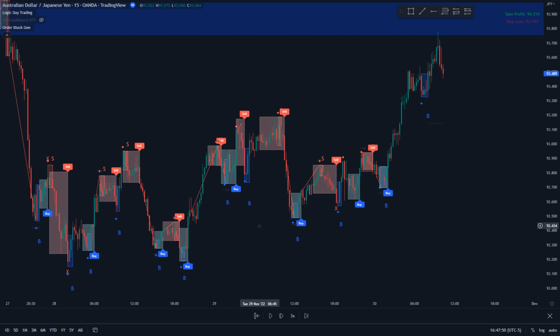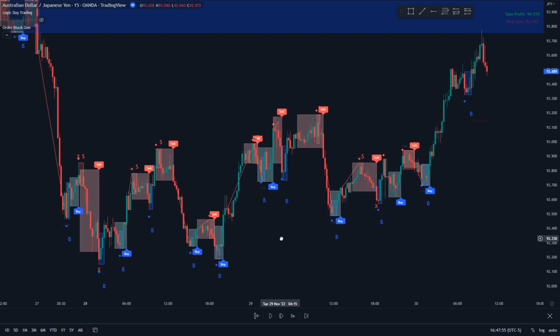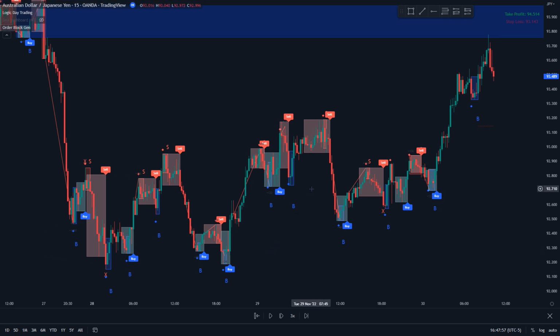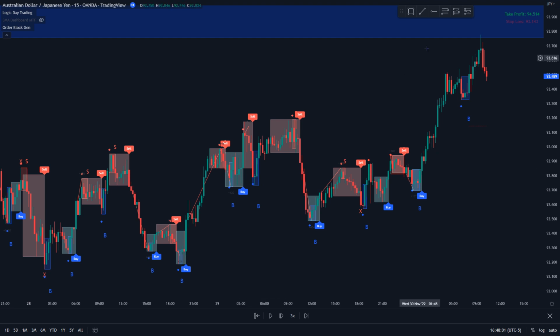You don't really want to be risking as much as you normally would if you're going against the higher time frame trend. So for instance, we have this order block inside this buy zone, and we do see a break of structure here. Now, we don't see price get down all the way to it.